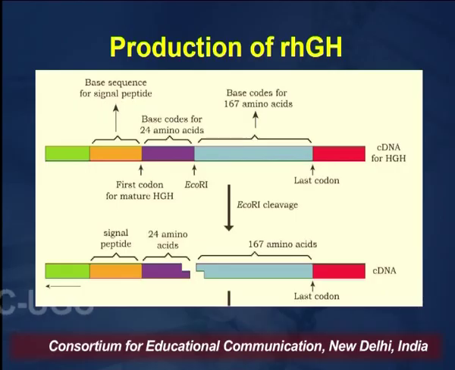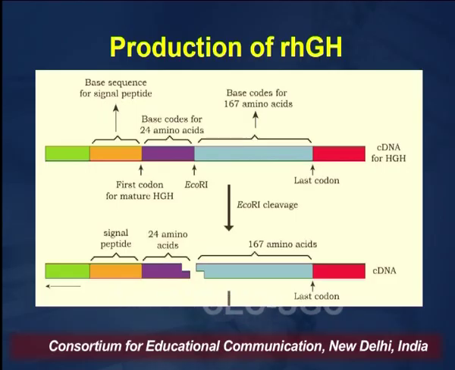In a normal cell, the signal makes the hormone be secreted out of the cell into the circulation. The somatotroph cells of the anterior pituitary have this secretory signal so that the human growth hormone can be secreted outside.